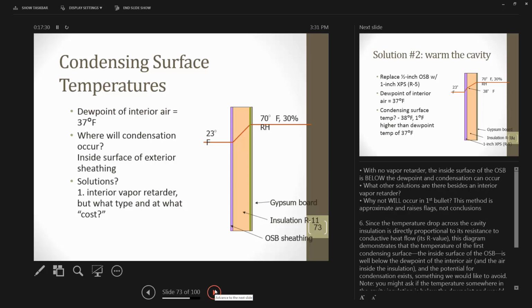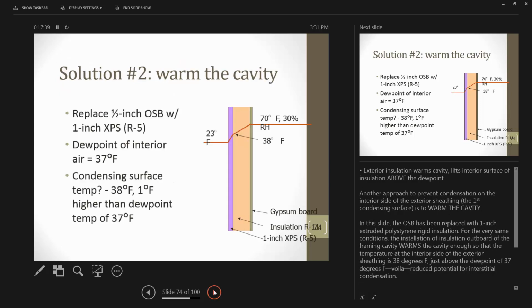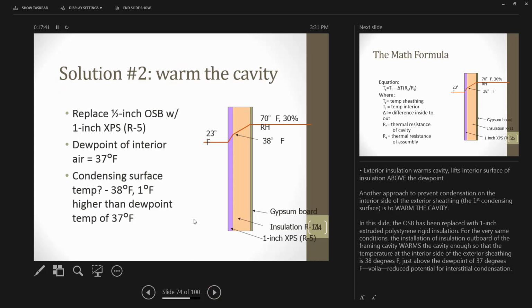For this example, with 23 degrees on the outside and 70 degrees on the interior, we've got a delta T of 47 degrees. Calculating that out, we get a dew point of 38 degrees Fahrenheit.